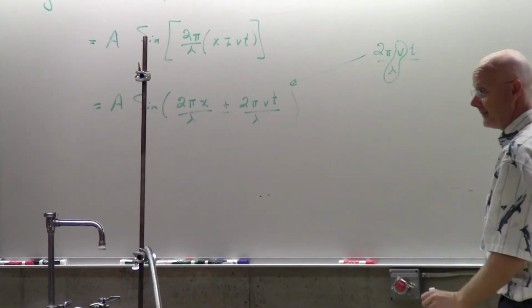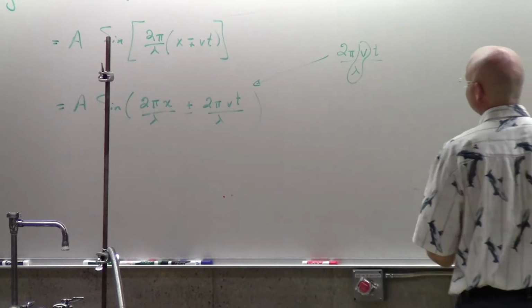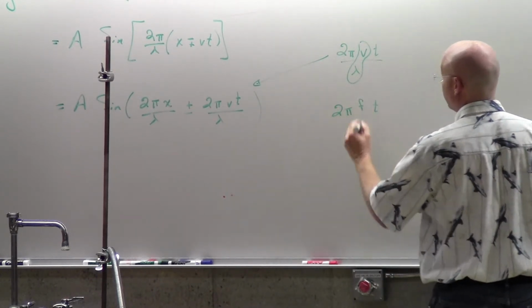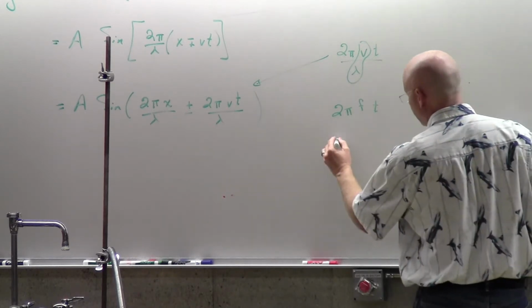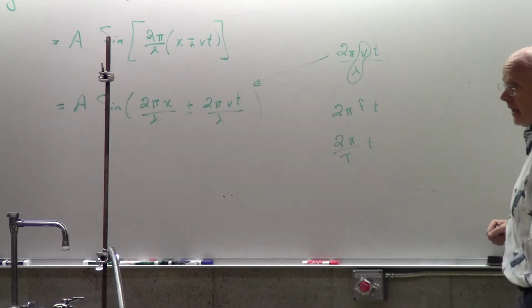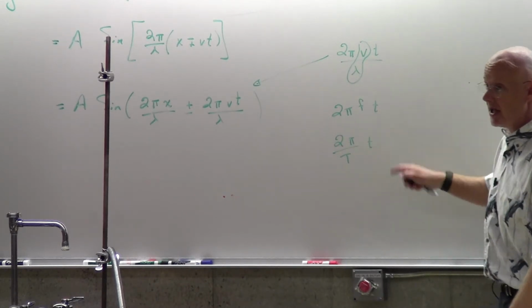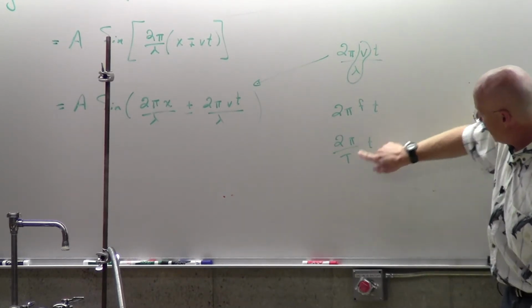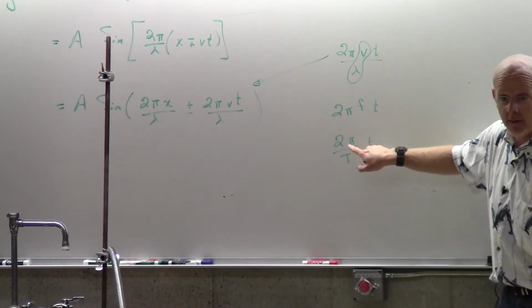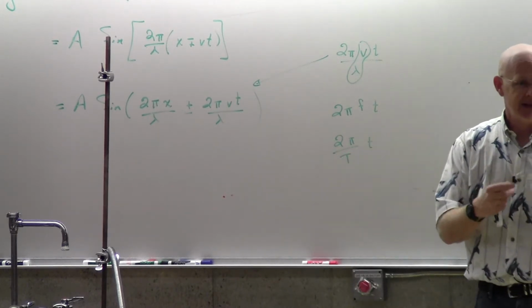What's that? Okay, fair enough, it's frequency. What's the reciprocal of frequency? Period, right? And for me, it's easier to see this. What is this saying? This is saying when the time is 1 period, what happens? Cancels, and what are you left with? 2 pi. You're left with 1 cycle.